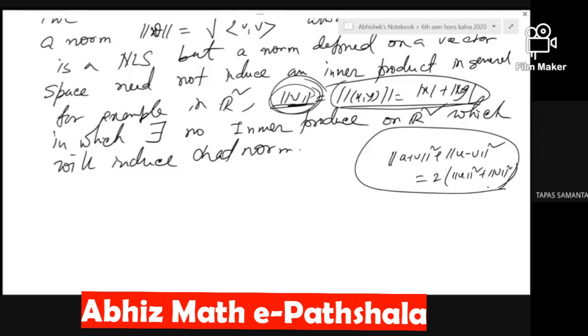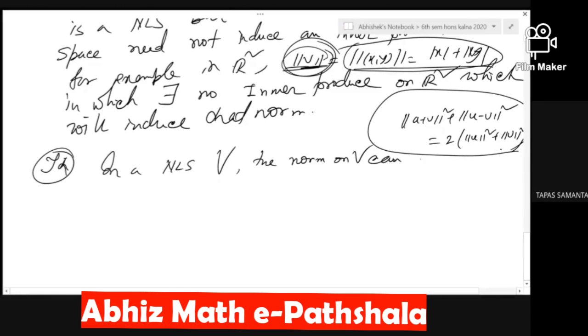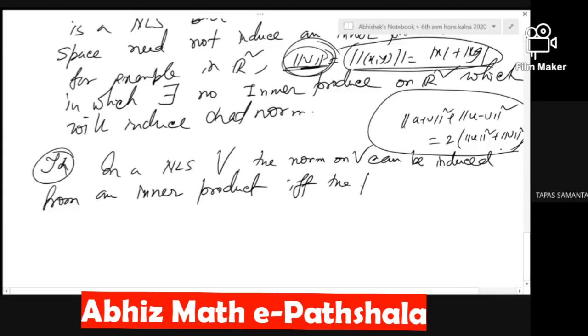So this result should be noted down because it is important. In a linear space V, the norm on V can be induced from an inner product if and only if the parallelogram law holds.